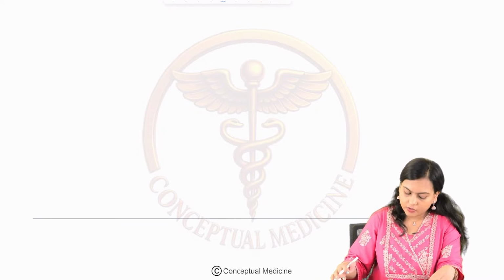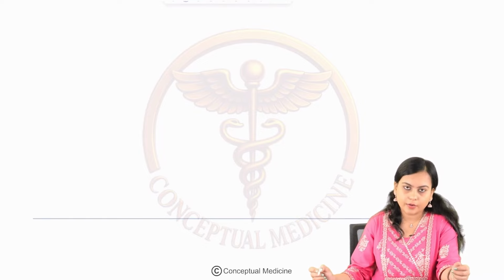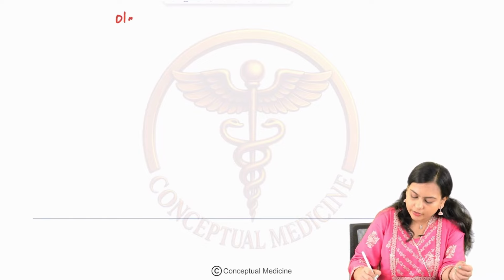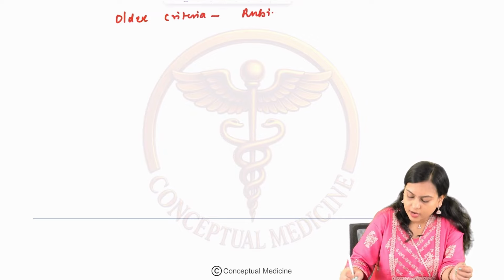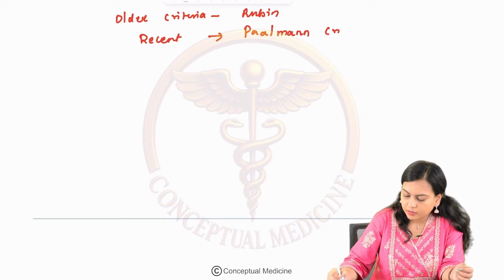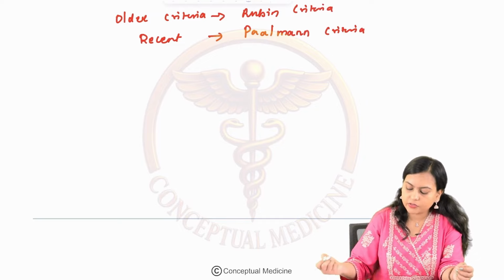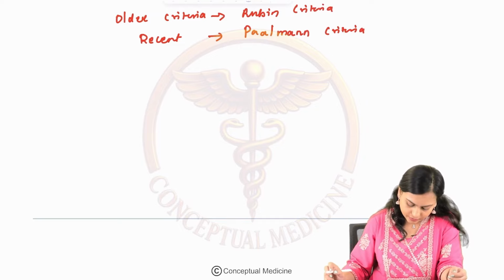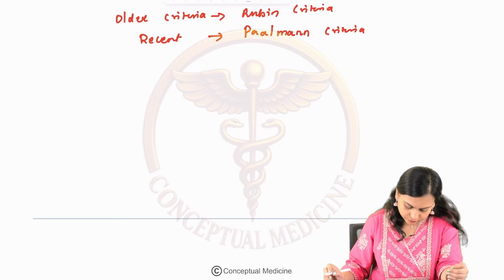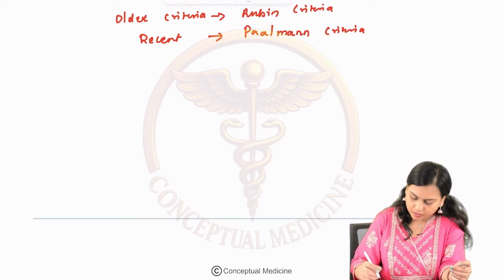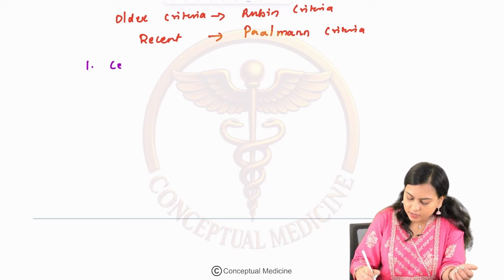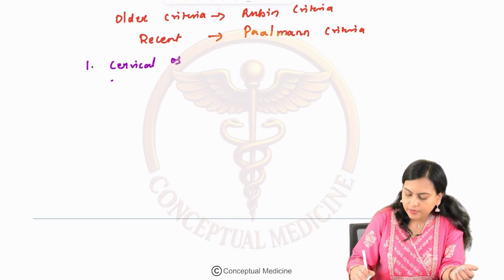And you have criteria for cervical pregnancy also: the older criteria was Rubin's criteria and the recent one is Hallman criteria. We will see what the features of Hallman criteria are. If we take the cervical os, we have two os, right?